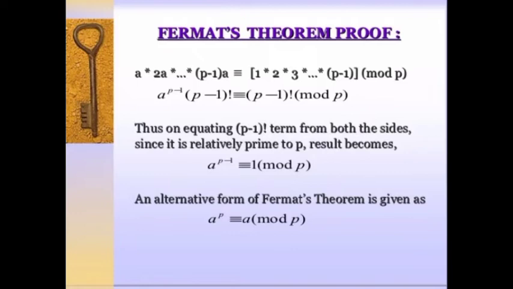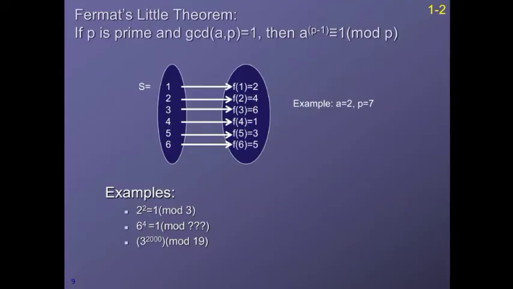An alternative form of Fermat's theorem is a raised to the power of p congruent to a mod p. So if p is a prime and GCD of a and p is equal to 1, then a raised to the power of p minus 1 is congruent to 1 mod p.